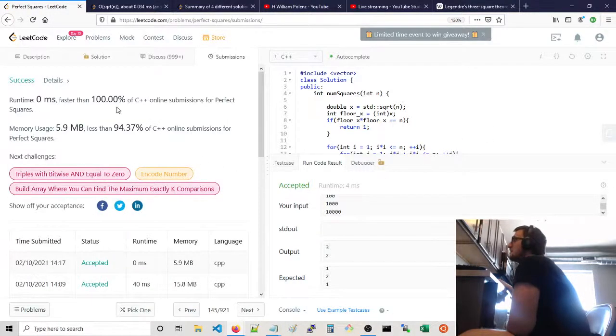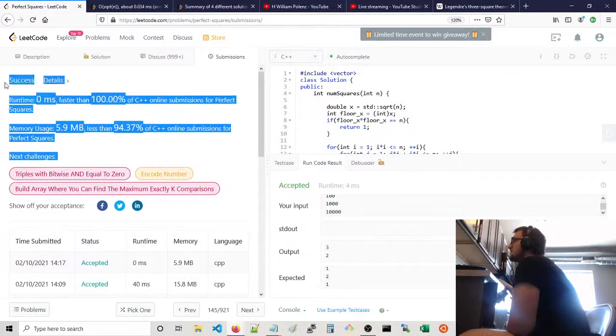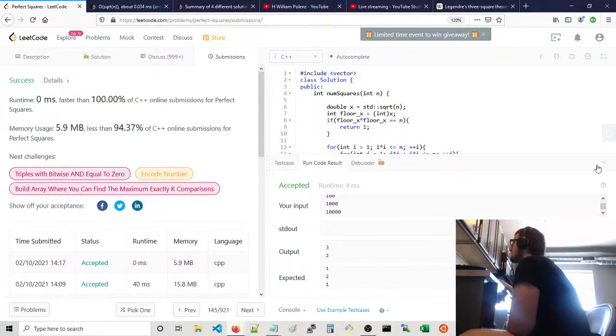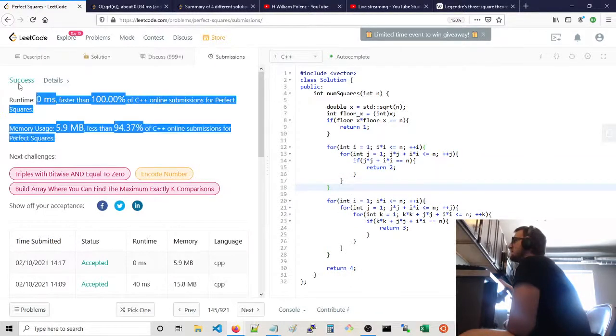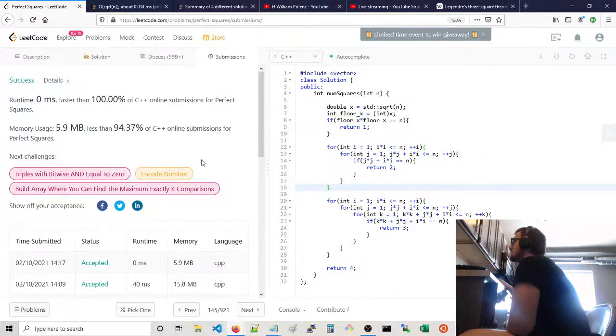Oh, wow. Whoa. It's really fast. What happened? Why is it so much faster?